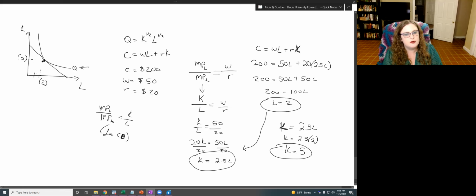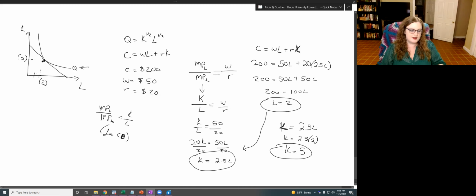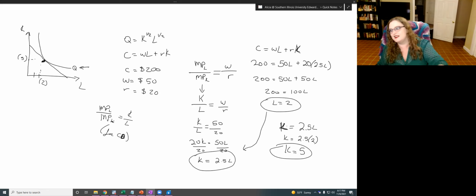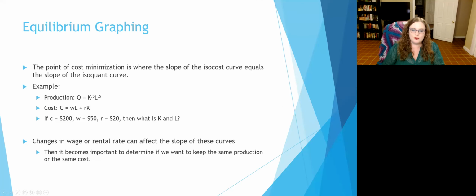We have this relationship, and when we equate it to the cost function, this is what we get: 2 workers, 5 machines. Super easy, right? So for all that math, all that scariness, it's actually not that scary at the end of the day when we start to think about what they mean in an implicit and technical way.